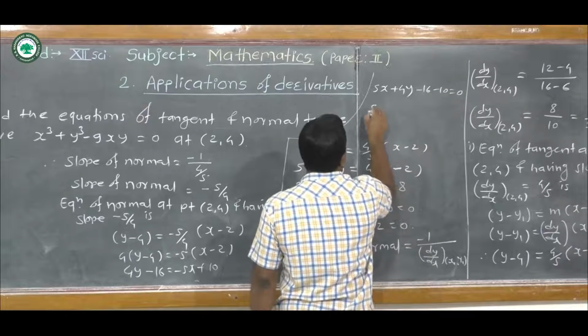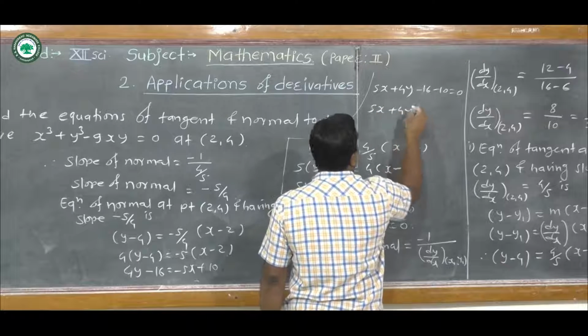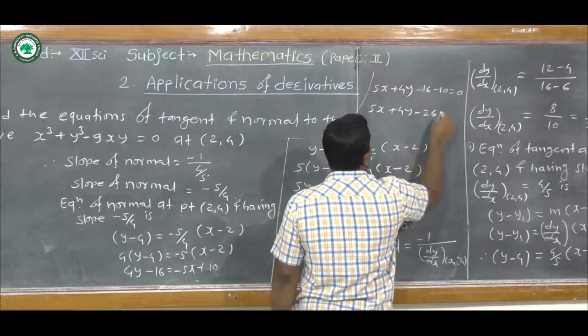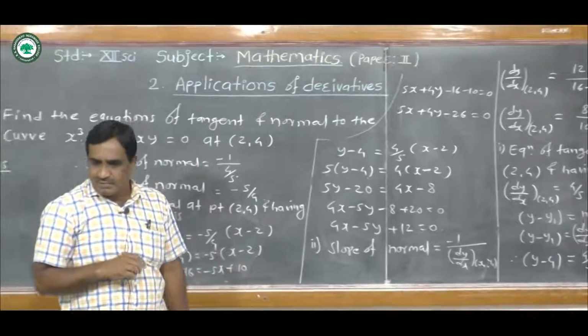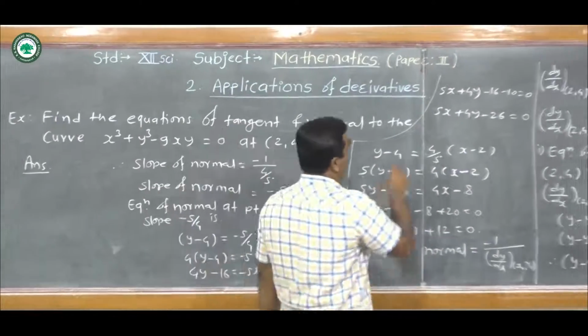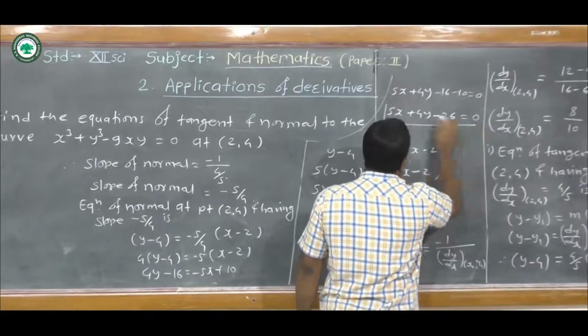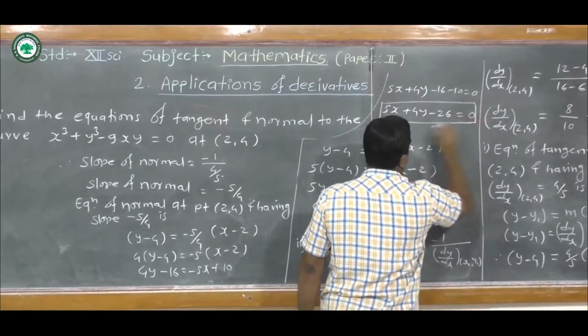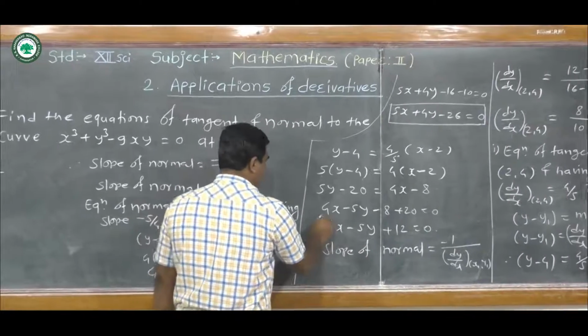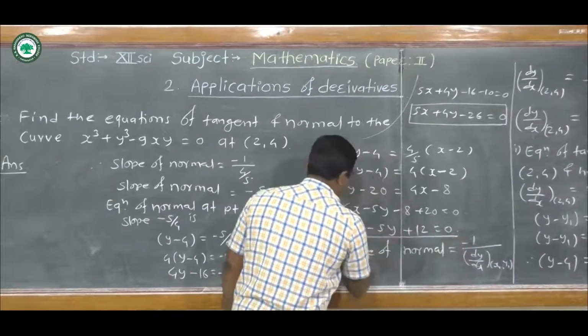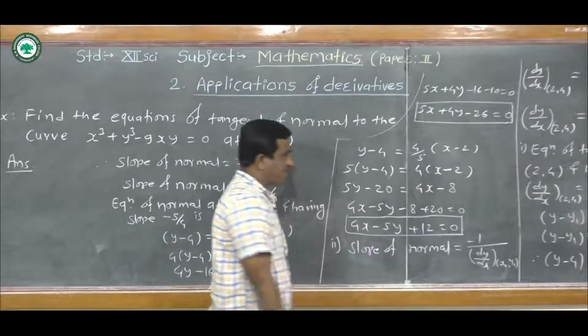That is 5x plus 4y minus 26 equal to 0. 5x plus 4y minus 26 is equal to 0. This is the required equation of the normal, and this is the equation of the tangent.